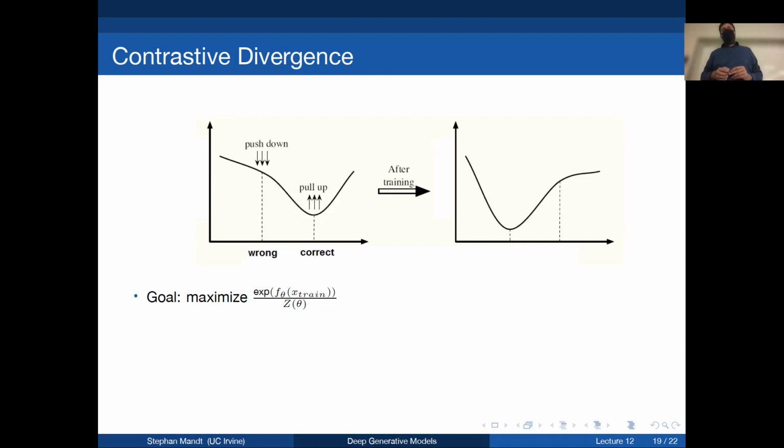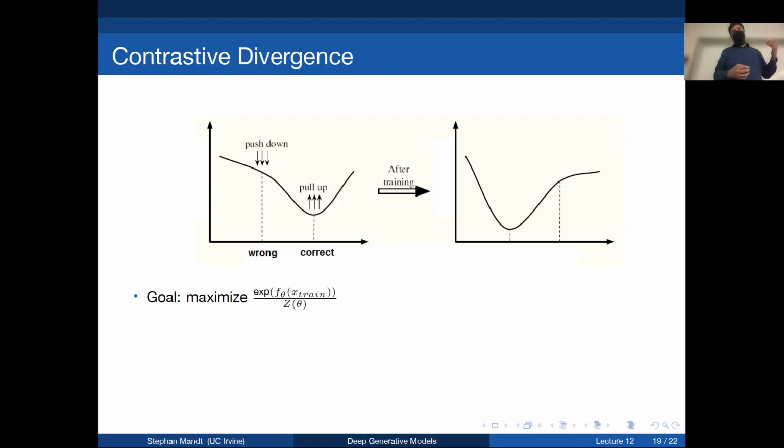What's the role of the normalization constant? If we were able to compute it, could we just readjust it in every learning step and be fine? Yes, that is exactly right.